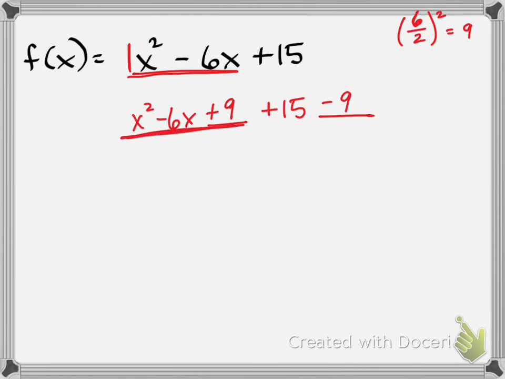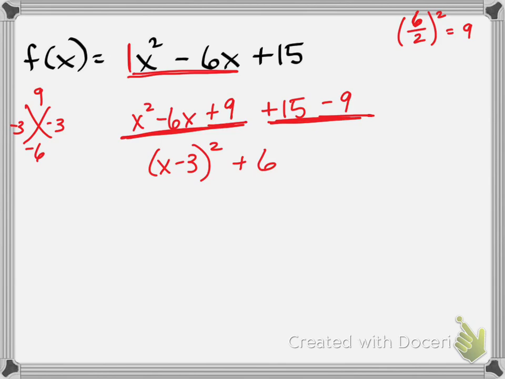Now, this is a perfect square trinomial, and it factors really beautifully with a negative 3 and a negative 3. So that is x minus 3 times x minus 3, or x minus 3 squared. And then we add these together, and we get 6. Now it's in vertex form, and right here is your hk.